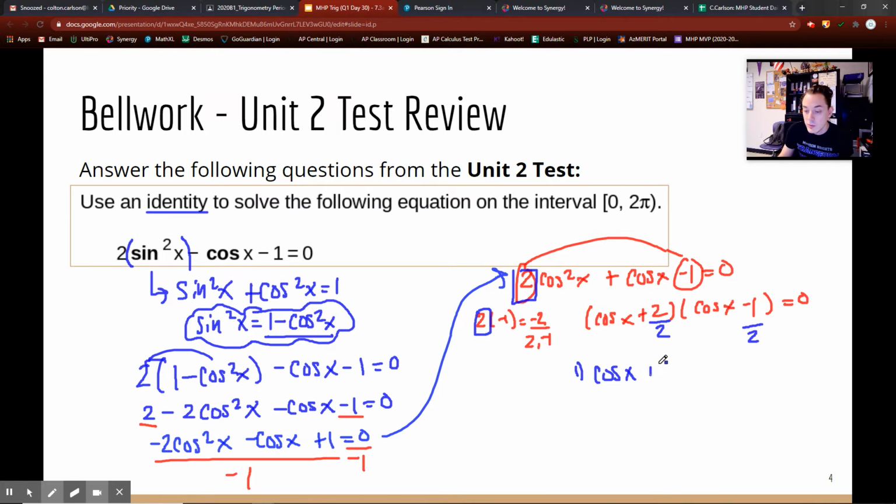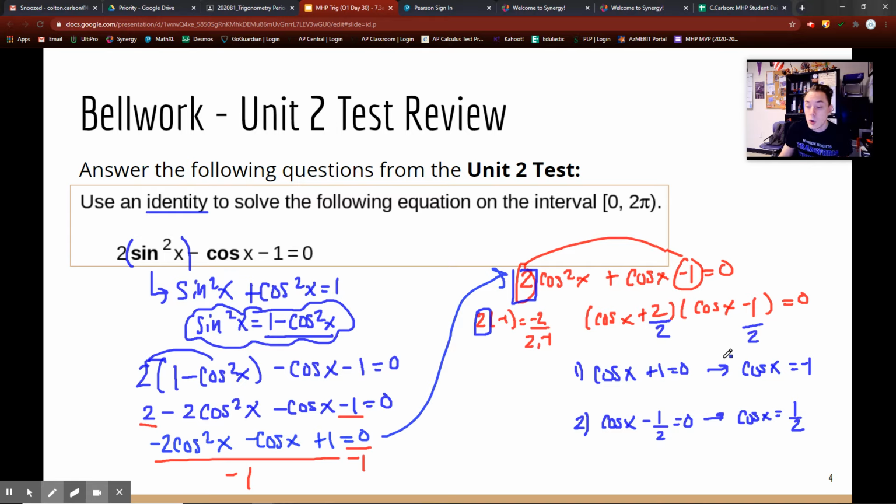Cosine of x plus 1 equals 0. My second equation, I have cosine of x minus 1/2 equals 0. So that means I have cosine of x equals negative 1. And in this one, I have cosine of x equals positive 1/2.